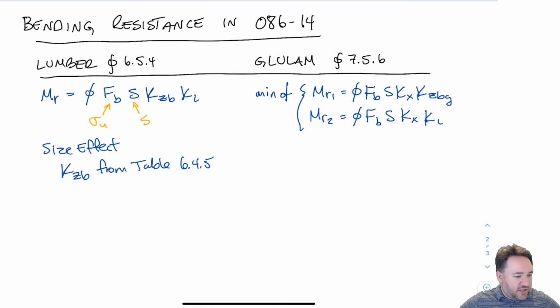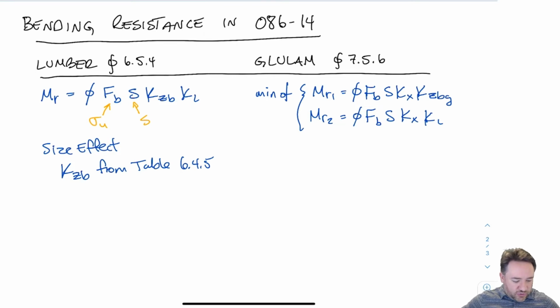And based on the geometry of our beam and also the strength, depending on which buckling regime we're in, we are going to calculate a KL, which is going to reduce our MR to account for buckling. Just like when we calculated for compression buckling, we had our slenderness factor, which also reduced our strength to account for buckling.